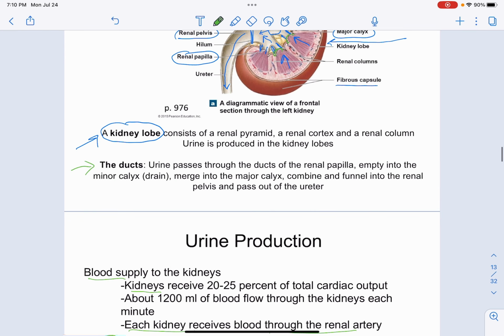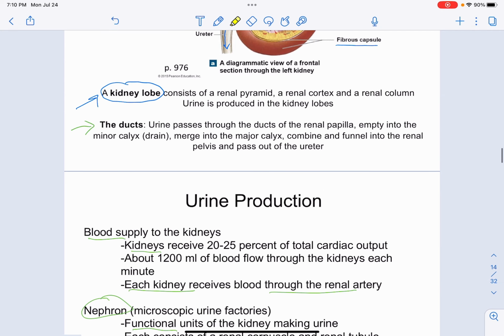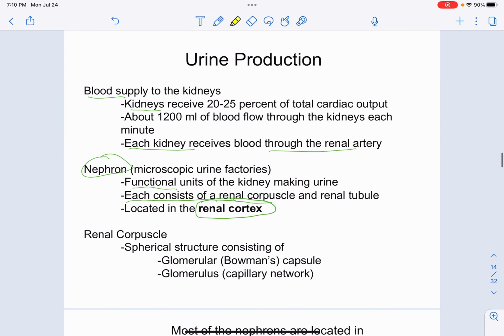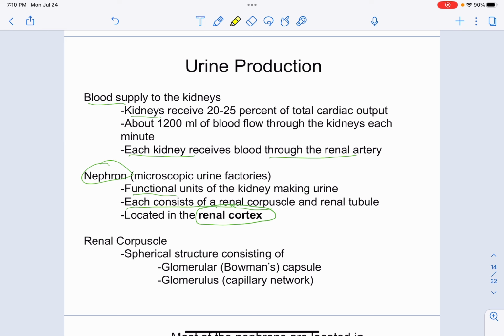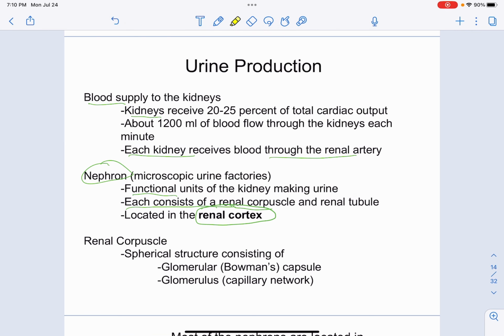So if I bring you back to this picture here, and I'm going to highlight this in yellow, the nephron is located only in this outer region right here. That is what is going to be making the urine and sending it through those pyramids. All right, and again, we're going to talk about how the nephron is constructed and all of the features of that.